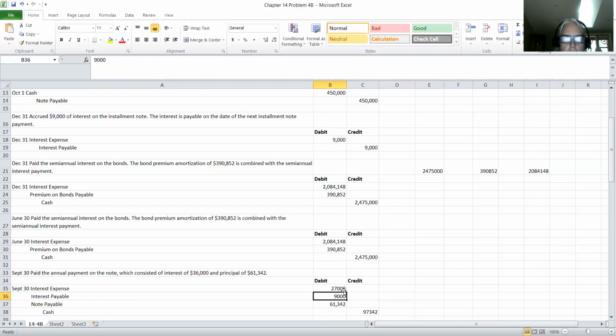So the amount of interest that really is interest expense during this period of time is $36,000 minus $9,000, which will leave you with $27,000. So at September 30th, we had total interest at $36,000 because $9,000 was recorded last year. The remaining $27,000 has to be recorded this year. When you add up your debits now, they equal your credit.